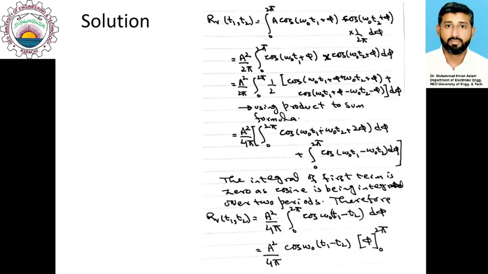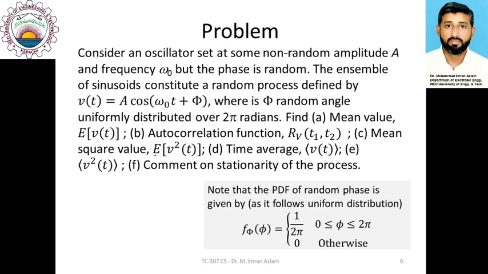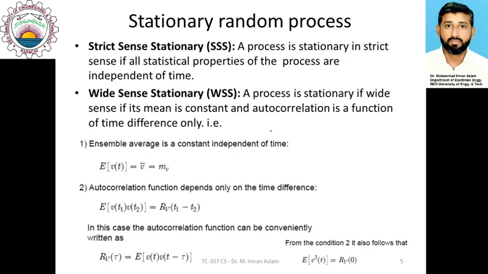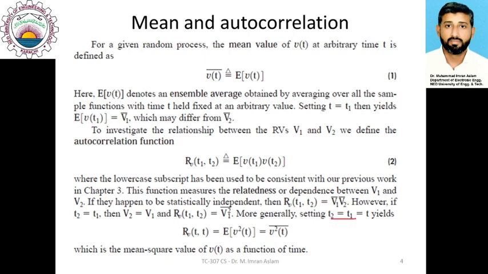Let us move on to the third part, which is calculating the mean square value E of v square t. Although we can calculate this second moment E of v square t by integrating the function, as we have previously calculated the autocorrelation function, it is much easier to calculate it from the autocorrelation function. How can we do that? We simply substitute t1 and t2 to be equal. If t1 and t2 are equal, the autocorrelation function represents the expected value of v square t.